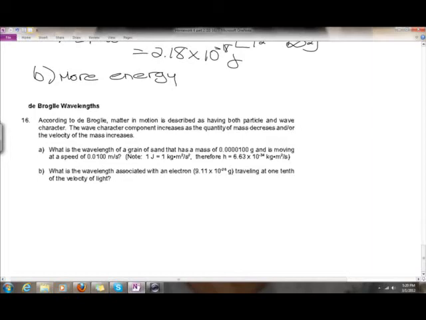So according to de Broglie, matter in motion is described as having both particle and wave character. The wave character component increases as the quantity of mass decreases, and or the velocity of the mass increases. And that comes along with the uncertainty principle too. With very small mass, you cannot exactly predict the position of the electron, the momentum.